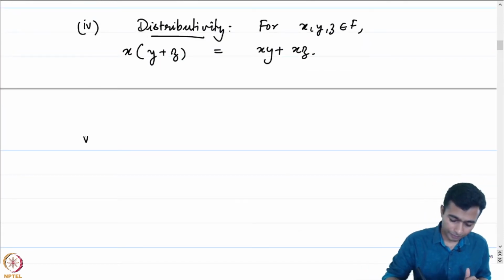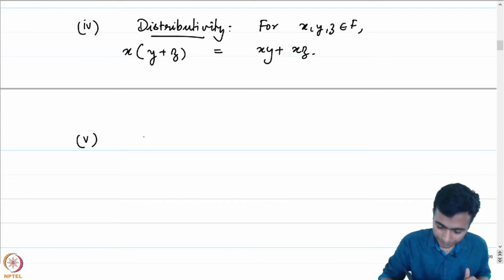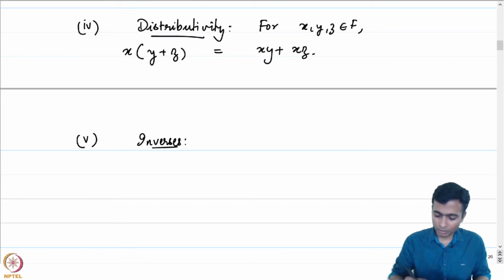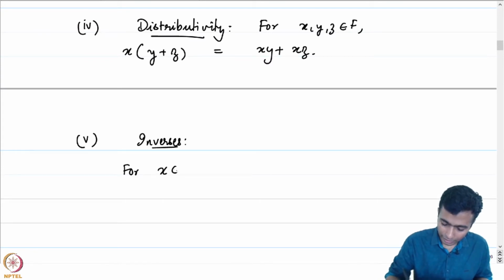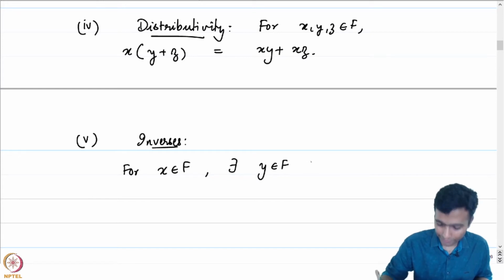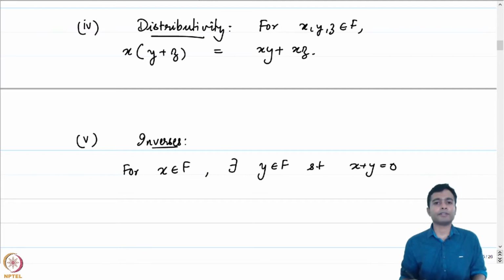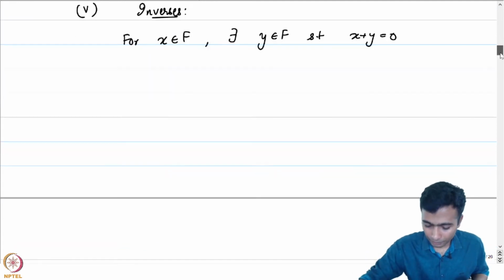And finally, existence of inverses. For x in capital F, there exists y in capital F such that x plus y gives you the additive identity.